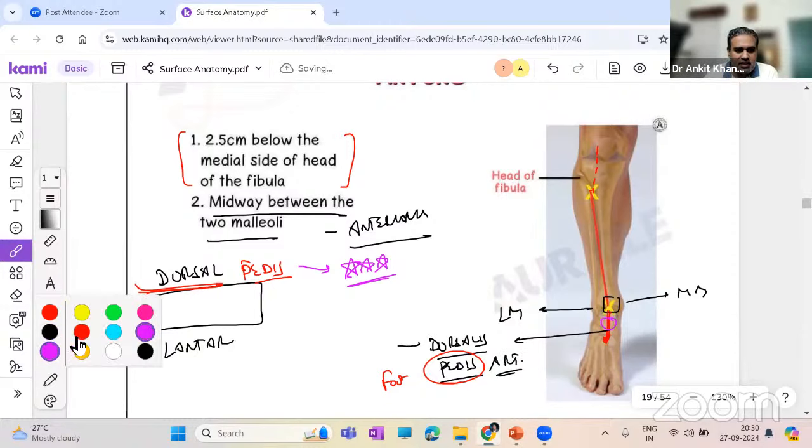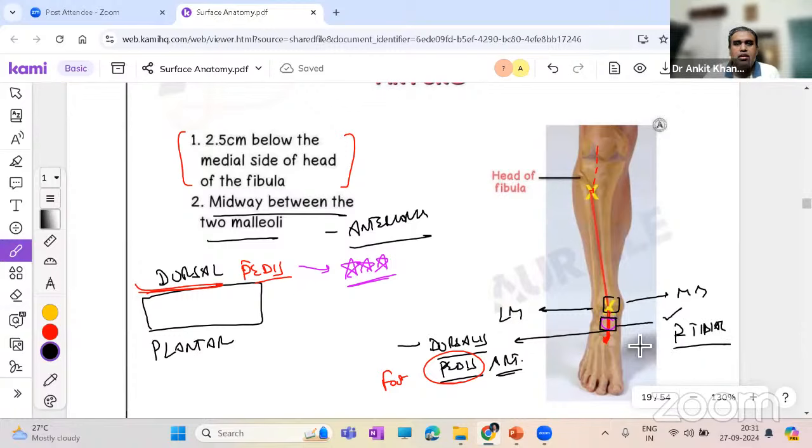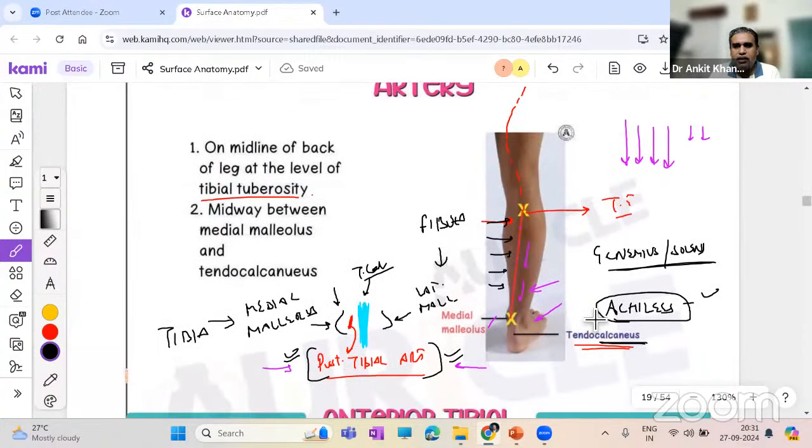Now, again, the same clinical scenario, because whenever I try to teach anything, there's always a clinical evidence, else its use is very limited. So now tell me, if anteriorly the dorsalis pedis artery can be palpated, and posteriorly the posterior tibial artery is easily palpated, do you need to palpate the popliteal artery?